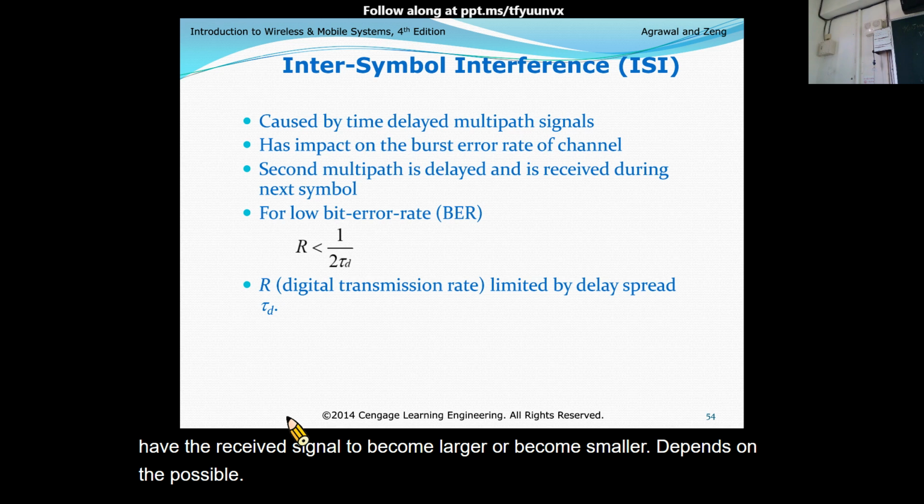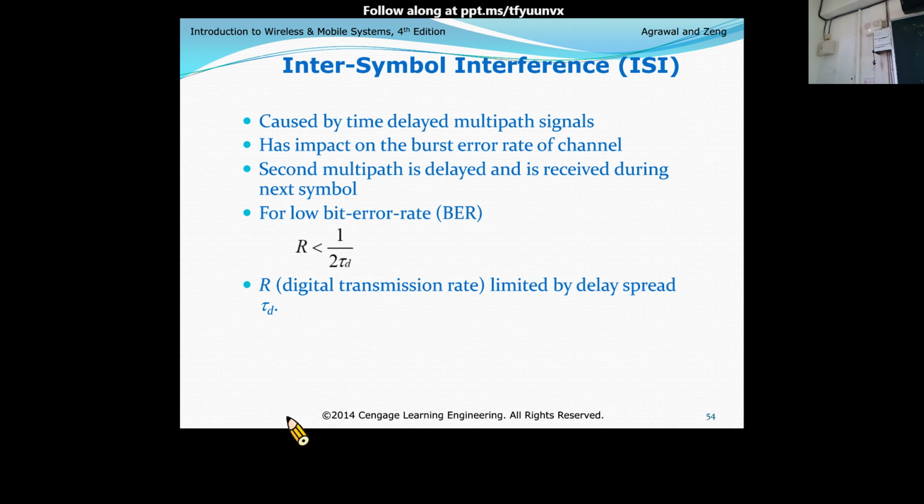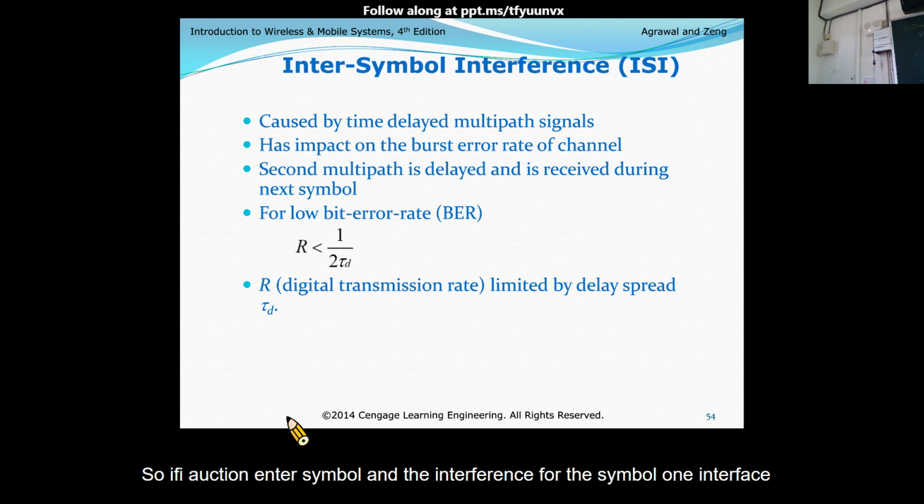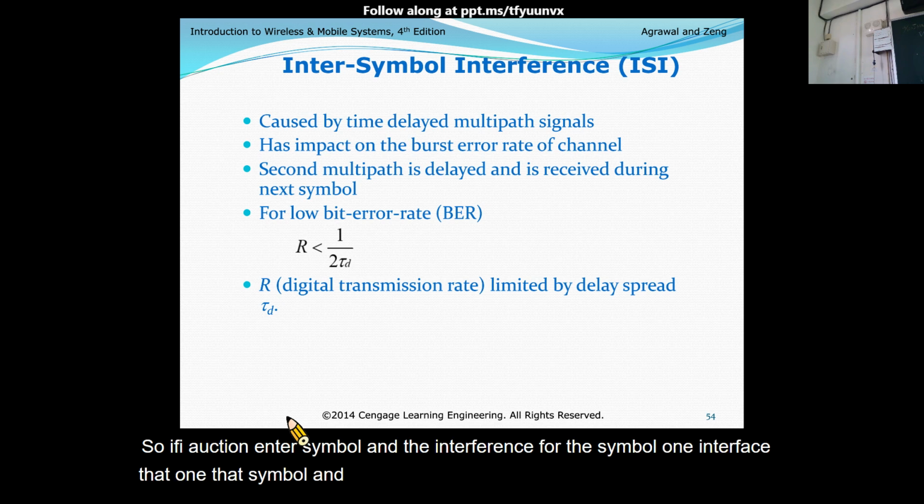So ISI, inter-symbol interference: the interference from a symbol will interfere with another symbol, and this kind of interference we call inter-symbol interference.